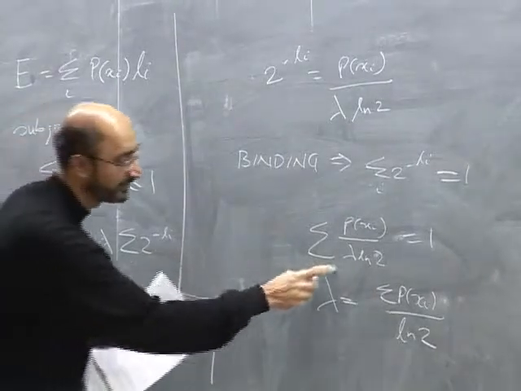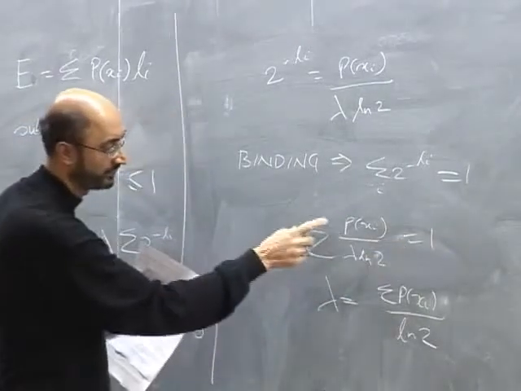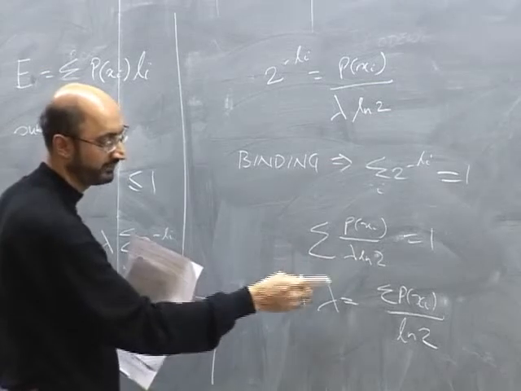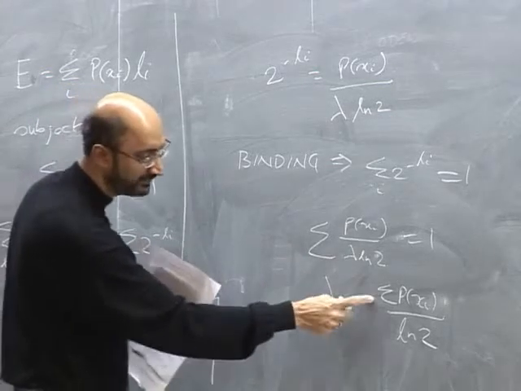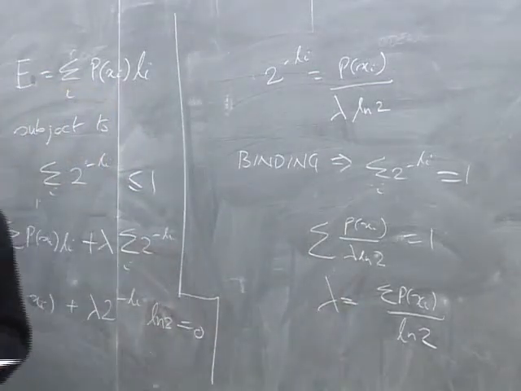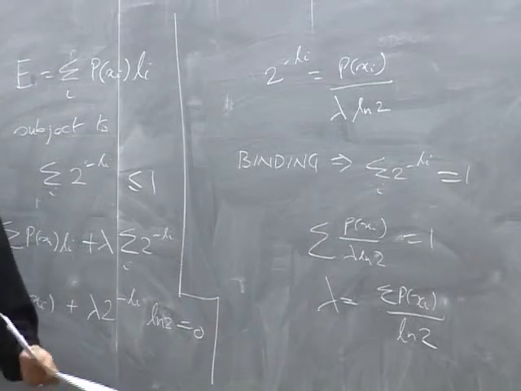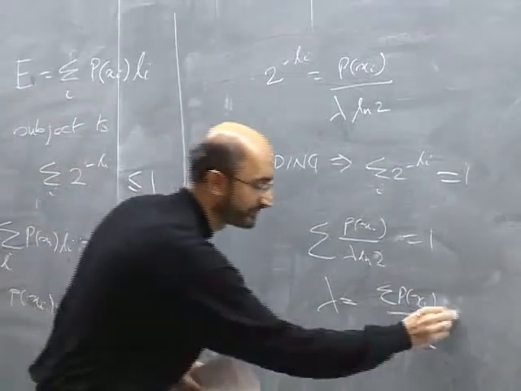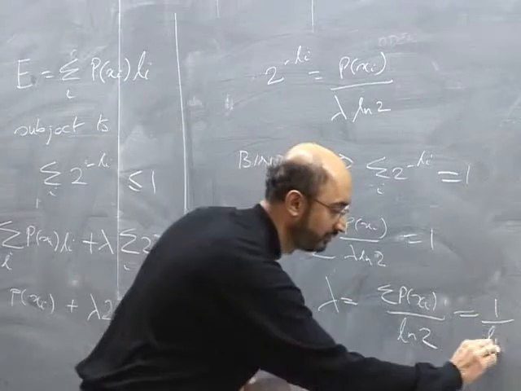I just move lambda to the other side, and because lambda is a constant, it drops out of the summation. But the sum of all the probabilities is just 1, because all the messages sum to 1, so lambda equals 1 over ln 2.